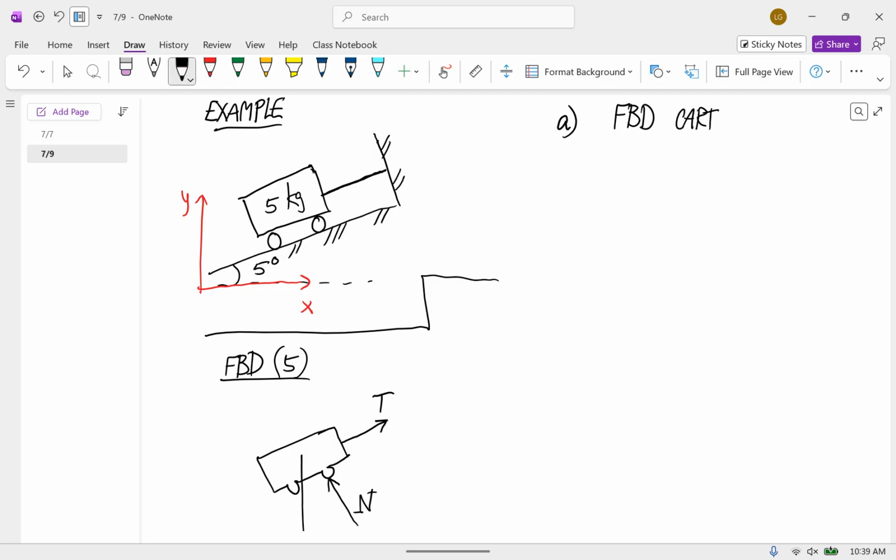Let's calculate the force vector applied to the cart by the incline.